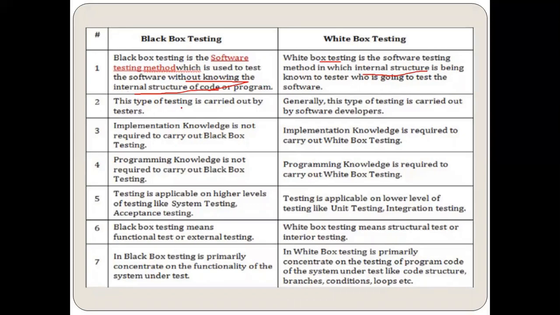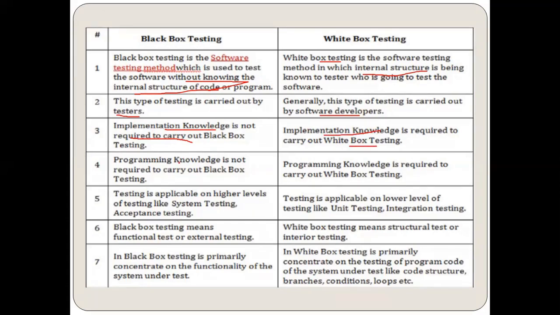Next point, this type of testing, black box testing, is carried out by testers. Because white box testing is related to code, software developers are more keen to do it. Next one, implementation knowledge is not required to carry out black box testing, while implementation knowledge is required for white box testing.